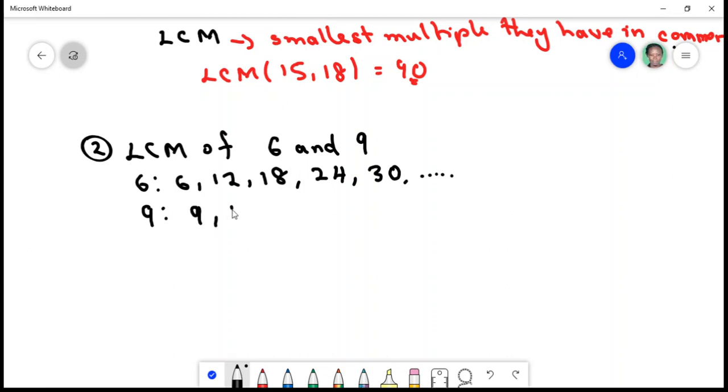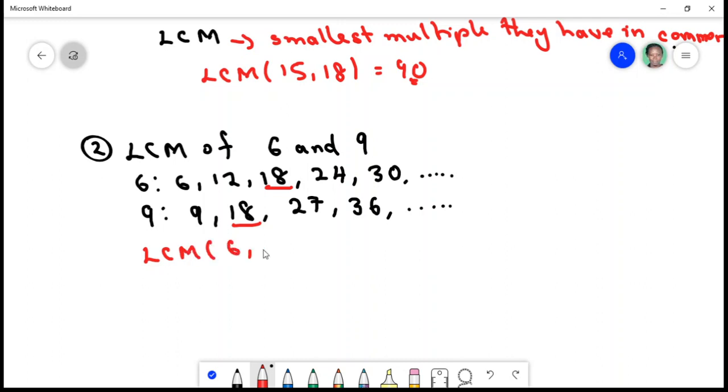We have 9, 18, 27, 36, then to infinity. But as you move on, there may be more multiples which are common. But from the list we have here, you realize that you have 18 here and 18 there. So our LCM of 6 and 9 is going to be equal to 18.